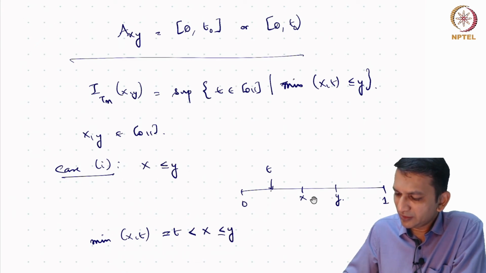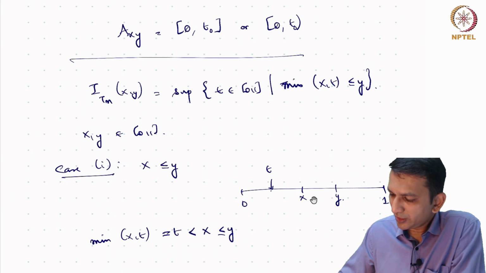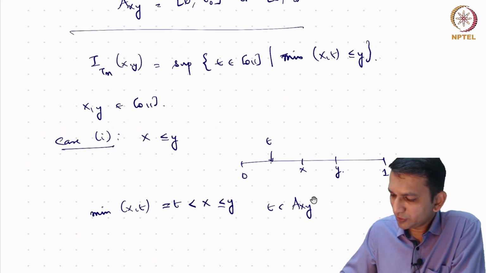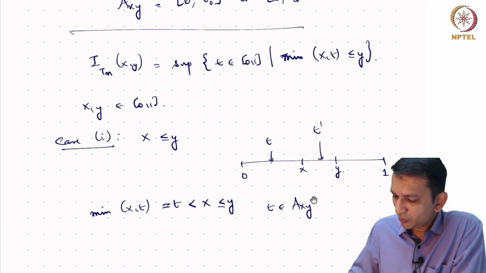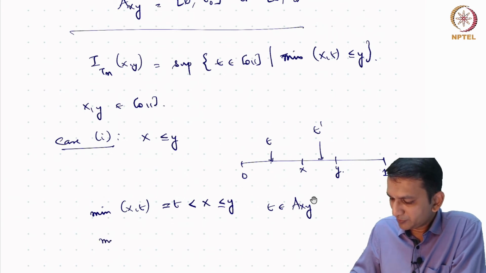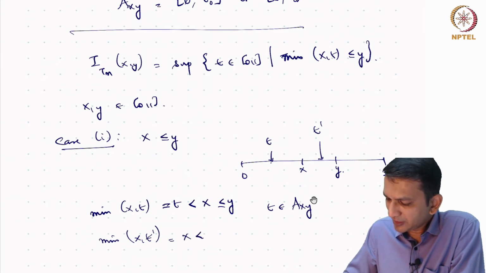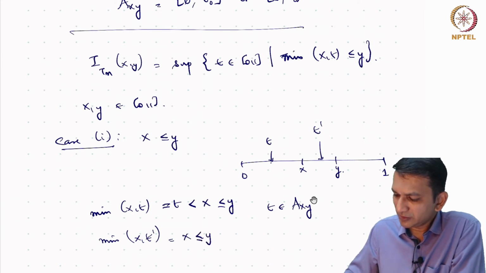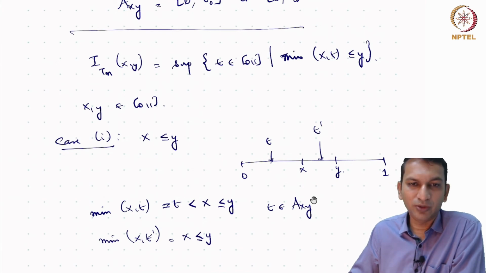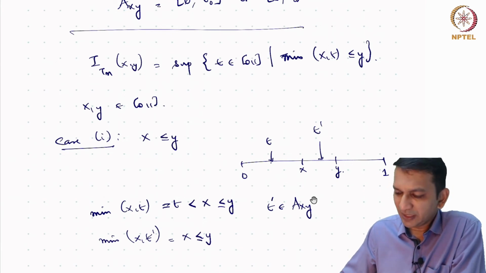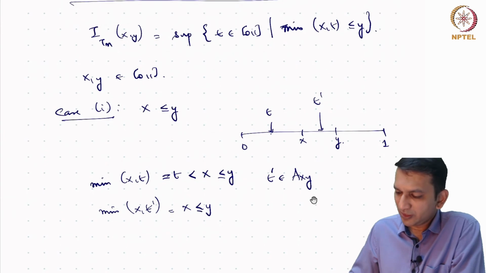So definitely this t will belong to A_xy. Now, what if I take a t' here? Once again, minimum of x comma t' is actually equal to x because t' is greater than this. But x is smaller than or equal to y, so that means minimum of x comma t' is less than or equal to y. Which means, once again, t' also belongs to A_xy.